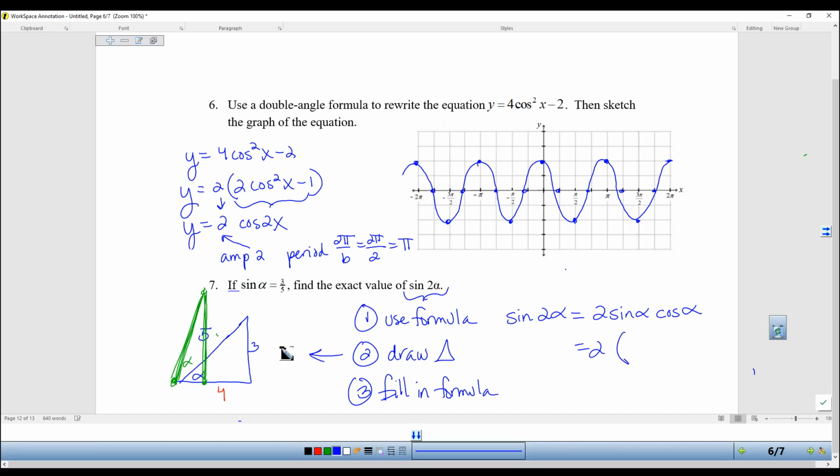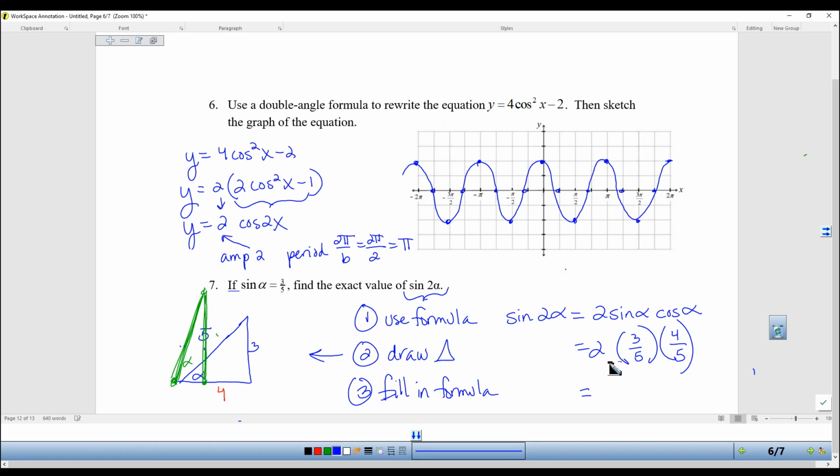So sine of alpha is 3 over 5, and cosine of alpha is 4 over 5. I never actually figured out what alpha was. The question is just, if I double the angle, what's the ratio between the opposite and the hypotenuse now?